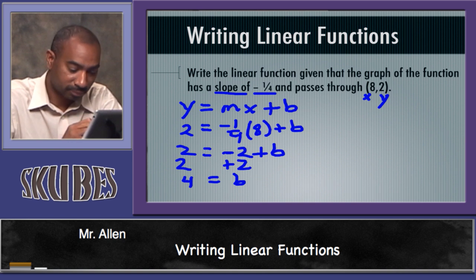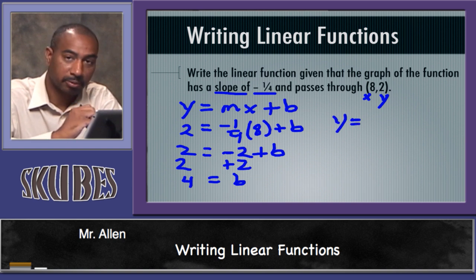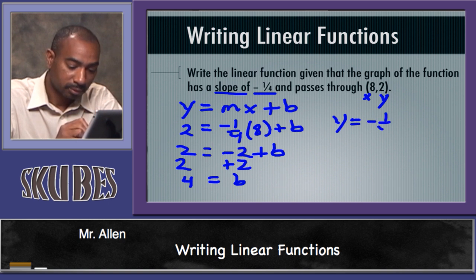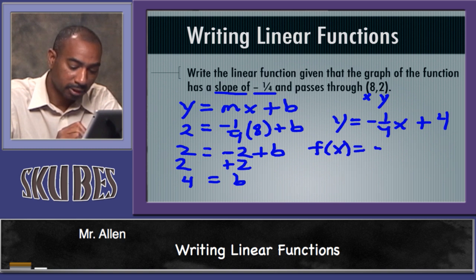And then you just put it back into the equation. Y equals negative 1/4 x plus 4. Or in function form, f of x equals negative 1/4 x plus 4.